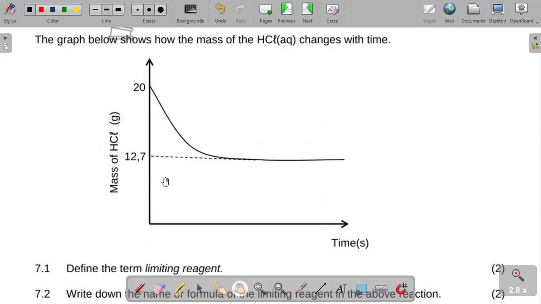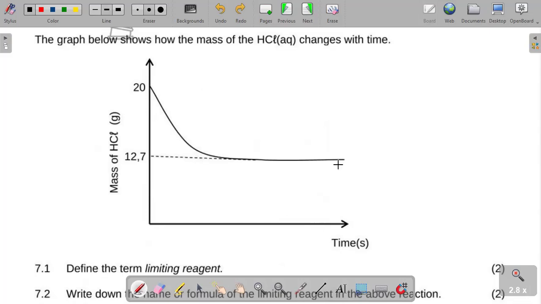So what does that mean? It means that if HCl was completely consumed, the line would go down until 0, isn't it? This line would start here, and then it would go down and become horizontal at 0. So the fact that HCl stops somewhere here shows you that at some point it is not being used up anymore.